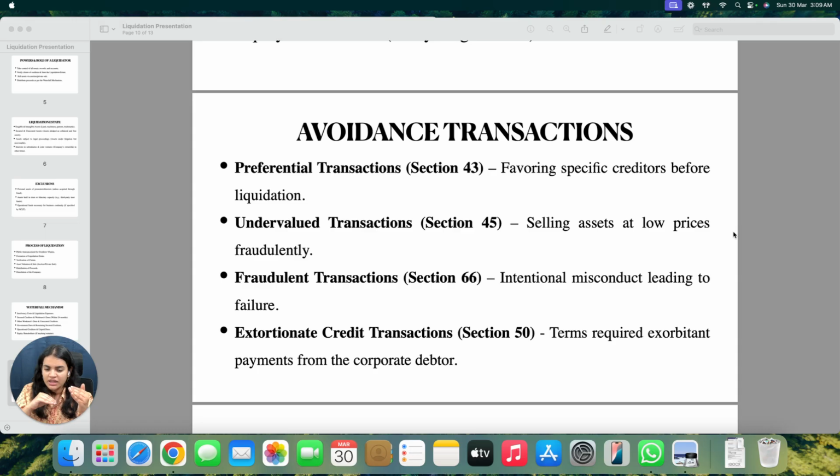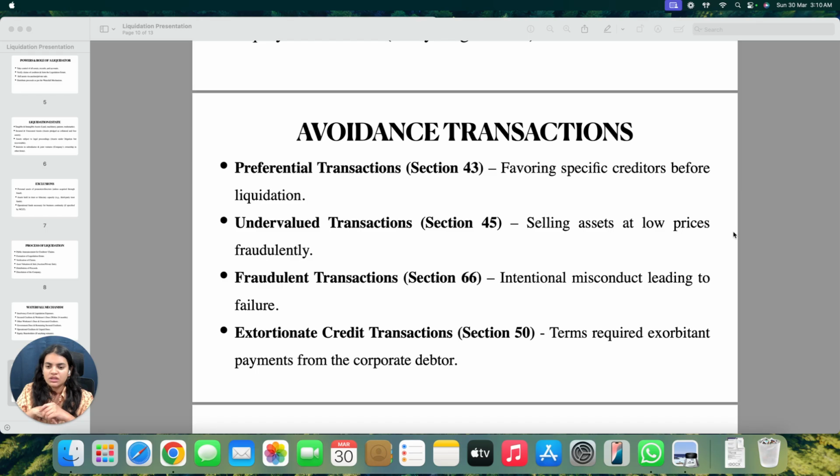So under undervalued transaction and a preferential transaction, the adjudicating authority may restore the position of the corporate debtor by either reversing the transaction or by restoring the interest or possession of the corporate debtor in that particular asset. And such an action may be taken in fraudulent transactions as well.